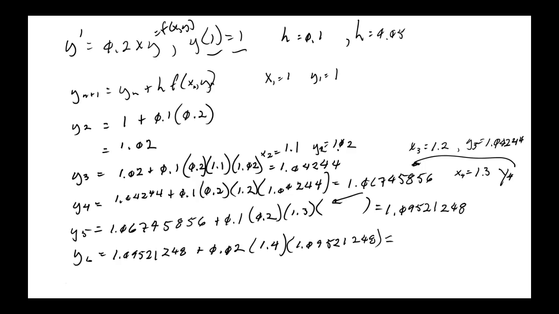Okay. It's 1.09521248 plus 0.02 times 1.4 times 1.09521248, equals 1.12587843.